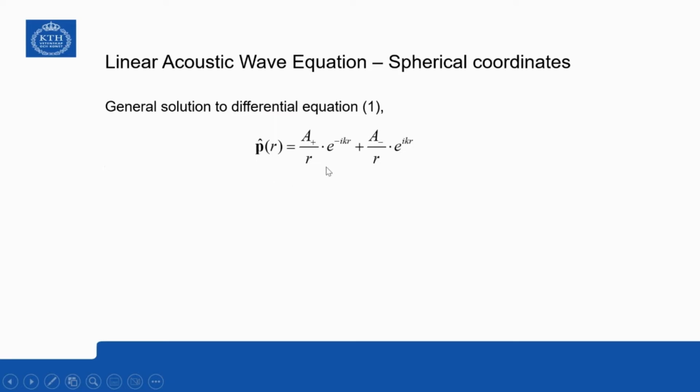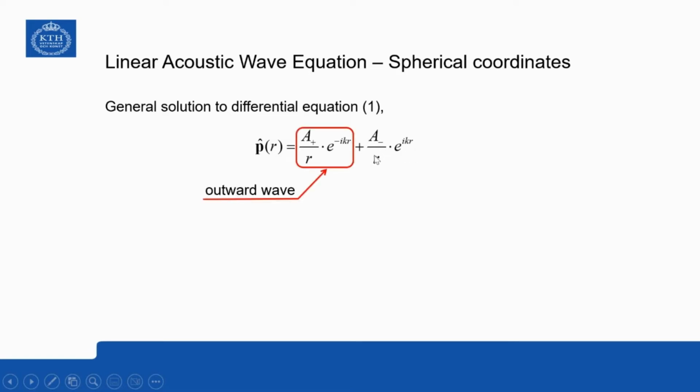We can express two independent solutions, which we can express like this. So this A plus here and A minus here are unknown constants. And then you have this complex exponential dependence on the distance from the source here, also in the exponents of these two factors here.